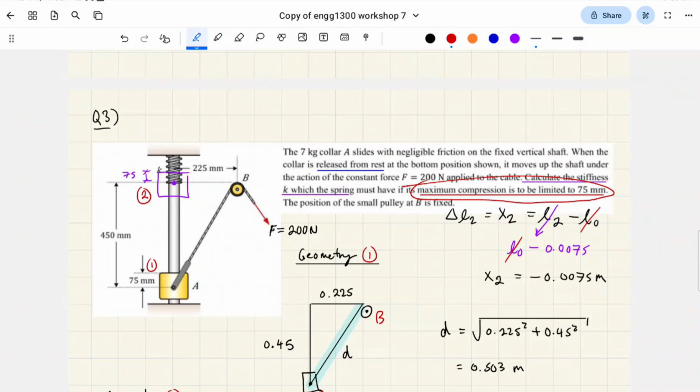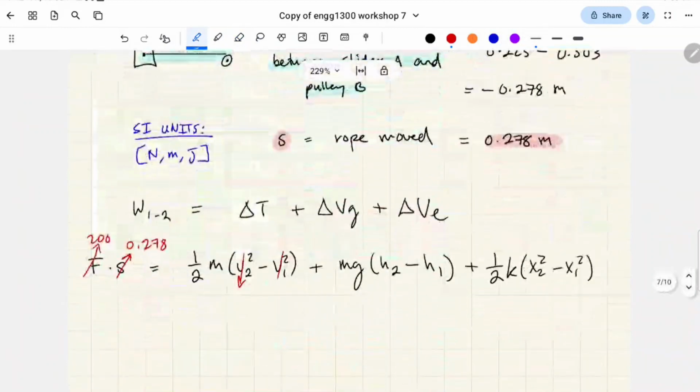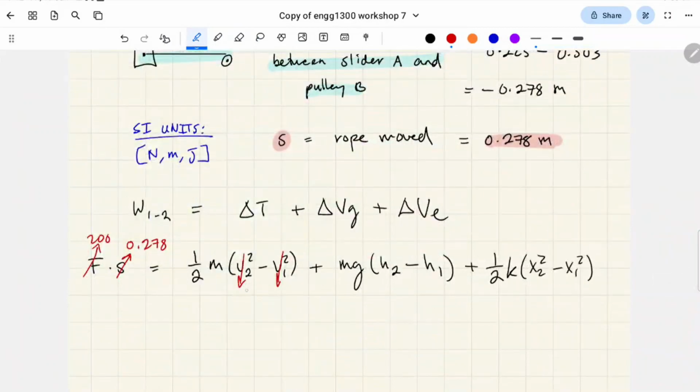So there's actually a hidden bit of information there, which is that the final velocity is also going to be 0, as well as when it starts. So it's released from rest, and then the final state that we're analyzing is also going to be at rest, it's not going to be moving, right?